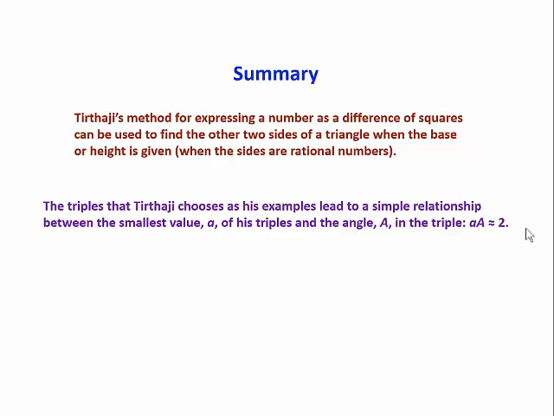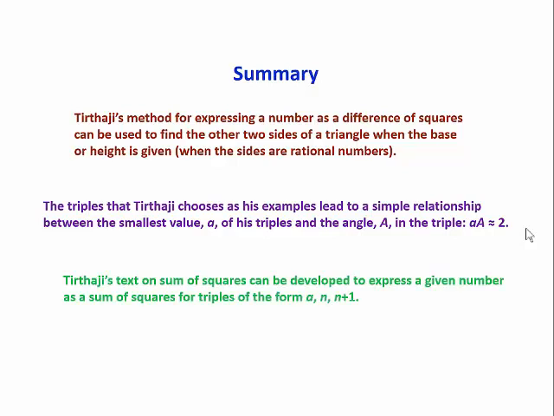And this does lead, in fact, to a general method of converting. It doesn't have to be for triples with small angles only. And finally, Tirthaji's text on the sum of squares can be developed to express a given number as a sum of squares for triples of a certain type.